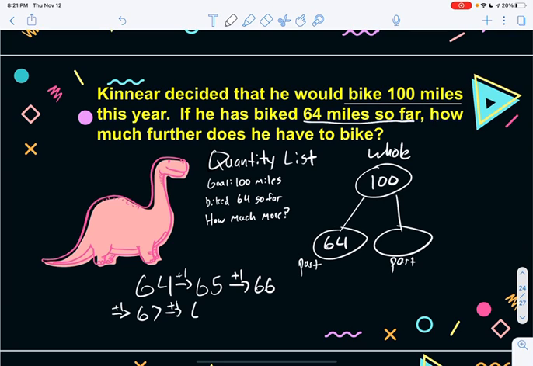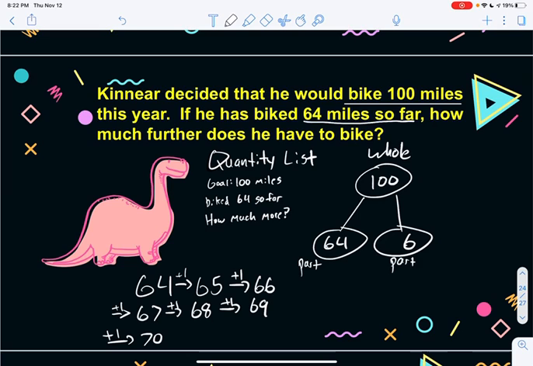Plus 1 would be 68. Plus 1 would be 69. And plus 1 would be 70. So it took 1, 2, 3, 4, 5, 6. It took 6 ones to be able to get to 70. So that's going to be our ones place.